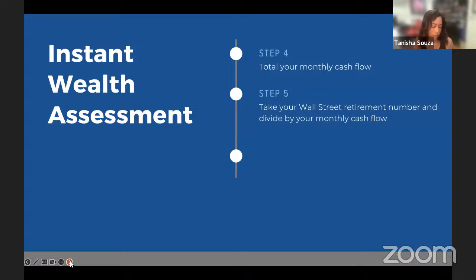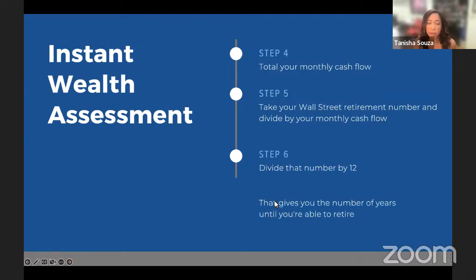I got 560 with that number, right? If you divide that by 12, that's going to give you the number of years you would be able to retire using that Wall Street number.